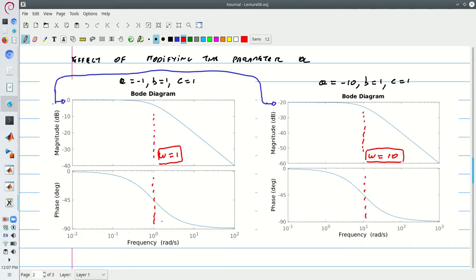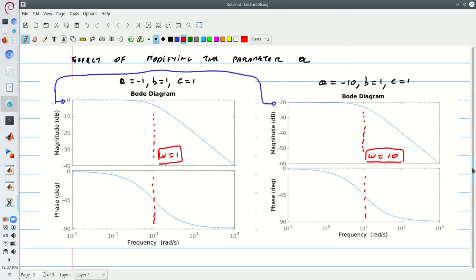In both cases, it happens at two different frequencies. So A has this double effect, changes something where things are happening on the omega scale, and also changes something about the amplitude if you are modifying A only.